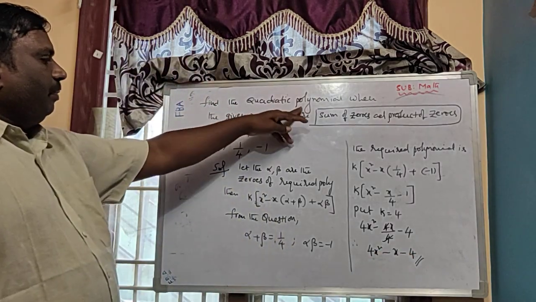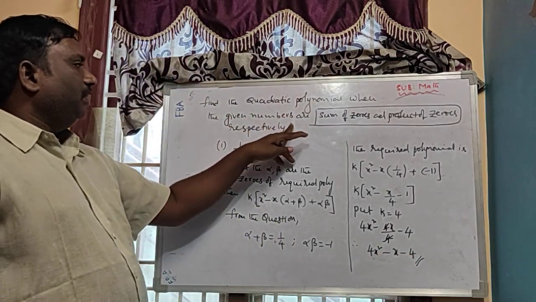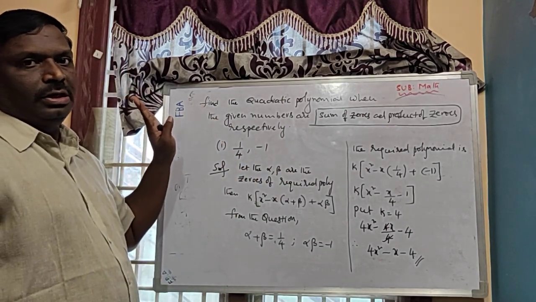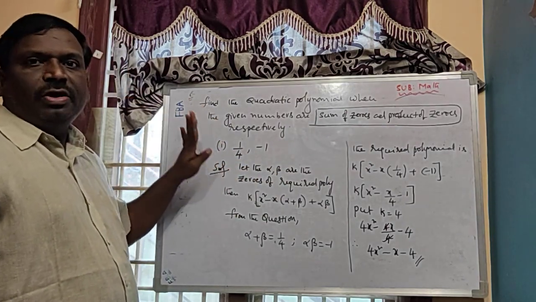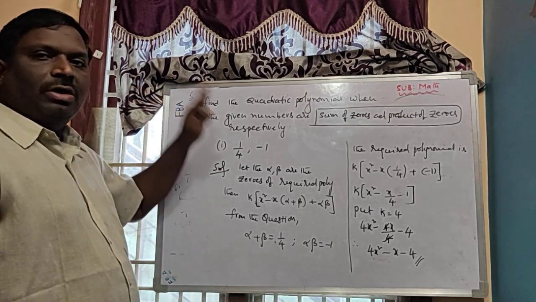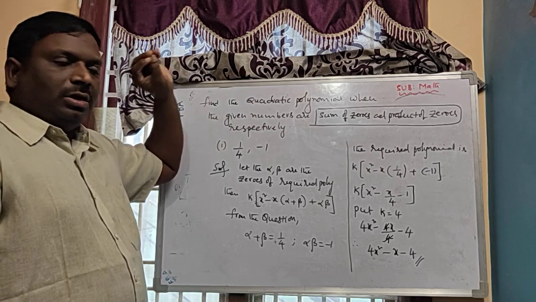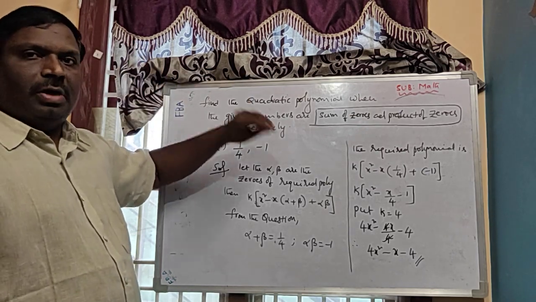So this is how to find the quadratic polynomial when the given numbers are the sum of the zeros and product of the zeros respectively. This is one of the models for a 2 marks question. You have to give the full explanation, then there is no chance of marks being reduced.